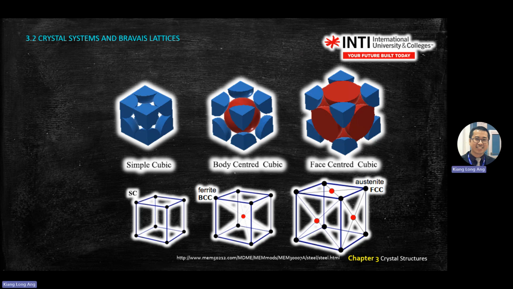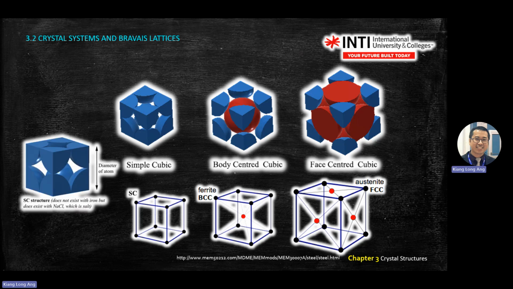If it's face, then you have a sphere at the side of each face of the cube. We'll go one by one slowly to explain how to draw or calculate for each type of cubic. First we go through simple cubic, BCC and FCC. Go slowly.